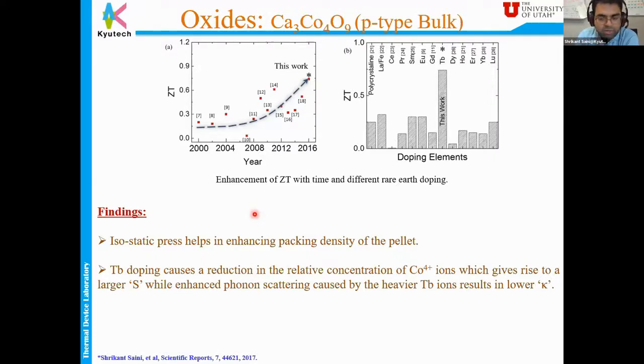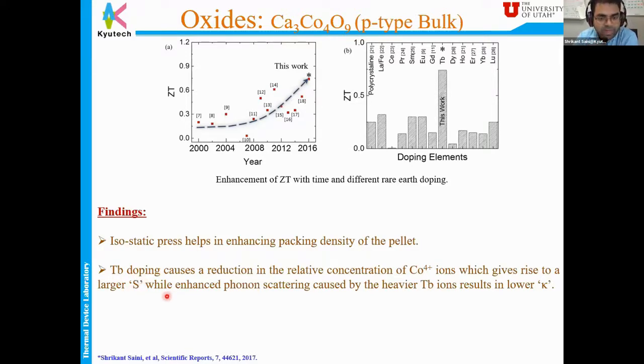That was very good to help understand that the mobility of the material is increasing. And also, we understand from the XPS analysis that the terbium doping causes a reduction in the relative concentration of cobalt 4 plus ions, which gives rise to the larger S, because the carrier concentration is going down. That means S will increase, which happens in this case.